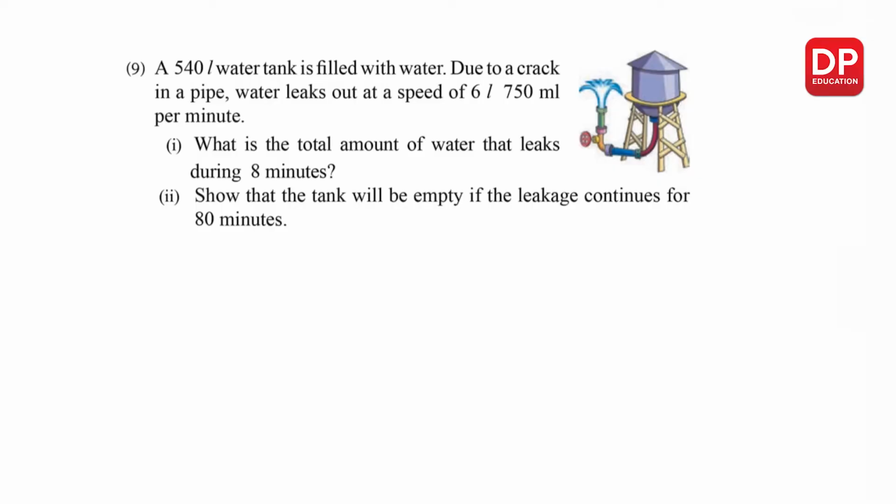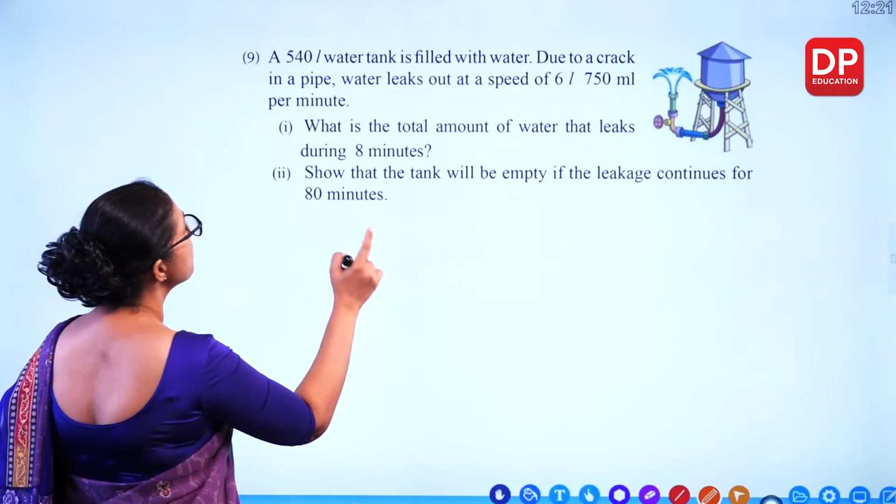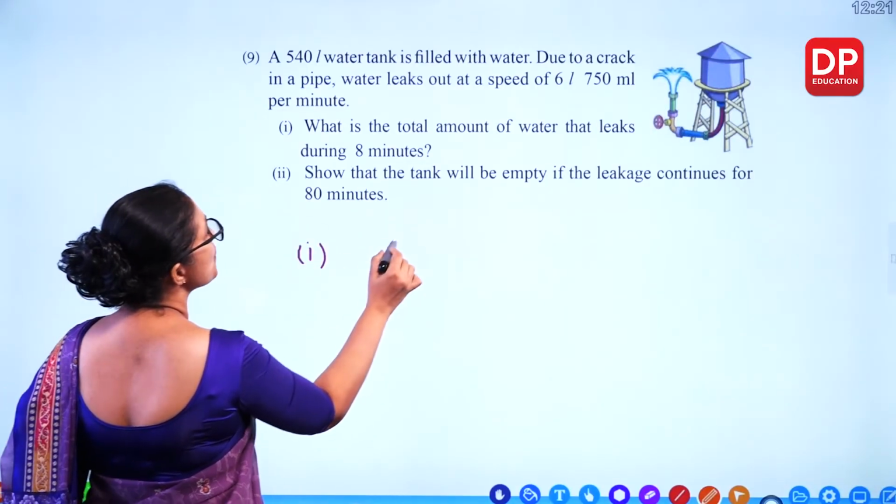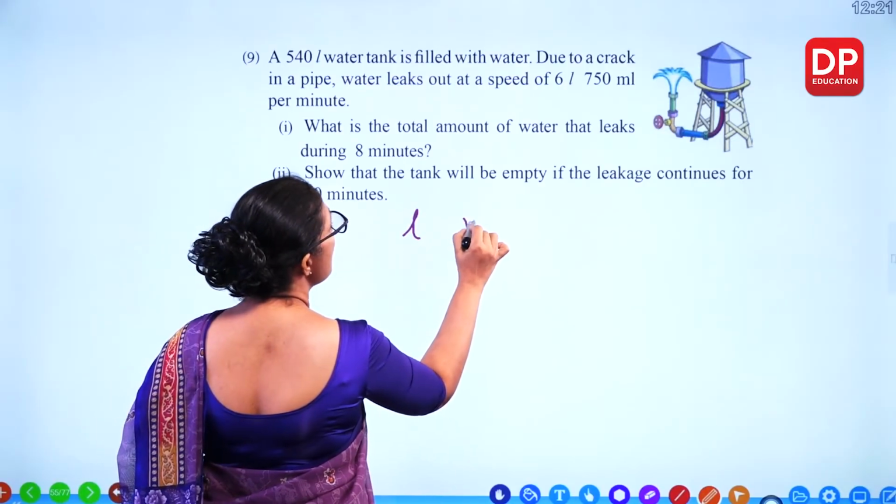Question number 9. A 540 liter water tank is filled with water. Due to a crack in a pipe, water leaks out at a speed of 6 liters 750 milliliters per minute. What is the total amount of water that leaks during 8 minutes? So here, this is again multiplication.